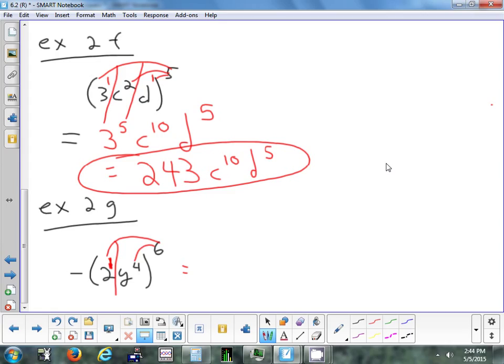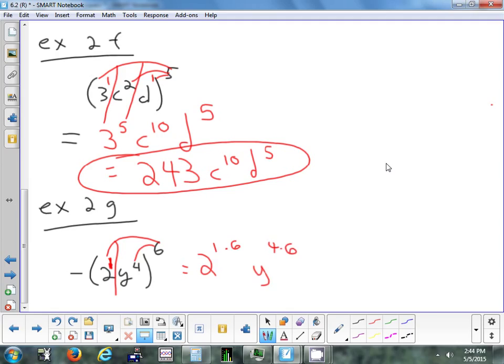And then we're just going to multiply. Like I said, treat both things separately. The constant from the variable, and then the exponent to the right always belongs to that variable or that constant. So I got 2 to the 1 times 6, and I got y to the 4 times 6.